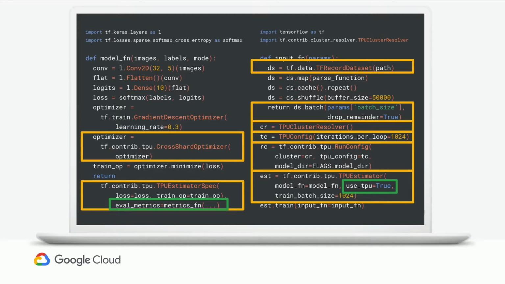And finally, also, the specification for metrics has changed slightly on TPUs, so you will have to refactor your metrics a little bit. The goal of all this API is to allow you to run different parts of your code on different parts of the accelerator.